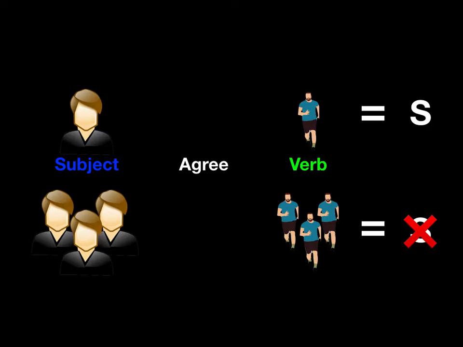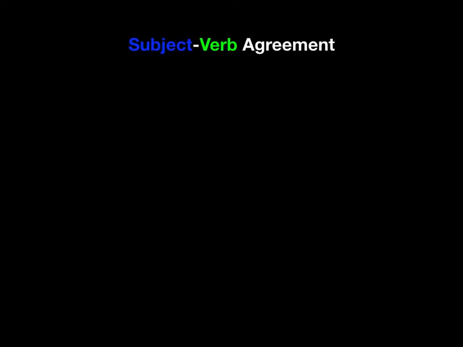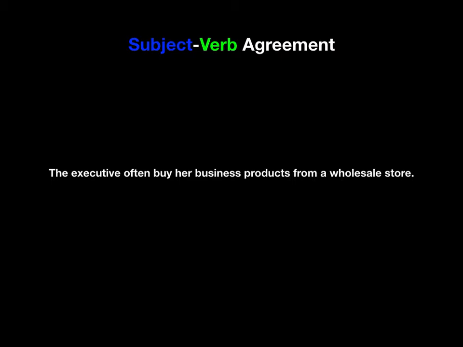Let's take a look at a few examples to try to identify what errors are occurring with subject-verb agreement. In the sentence, the executive often buy her business products from a wholesale store. First, let's identify the verb within this sentence. We should be able to identify the verb buy because it is an action verb.